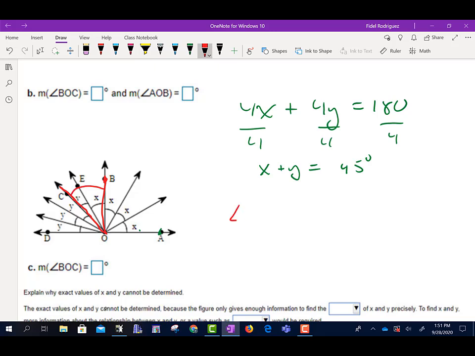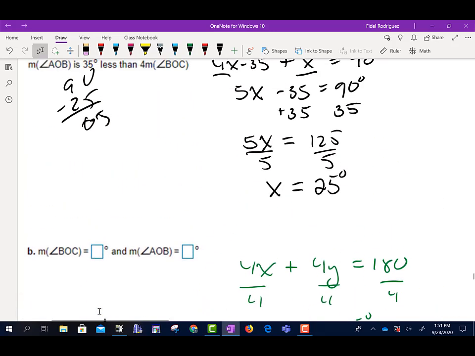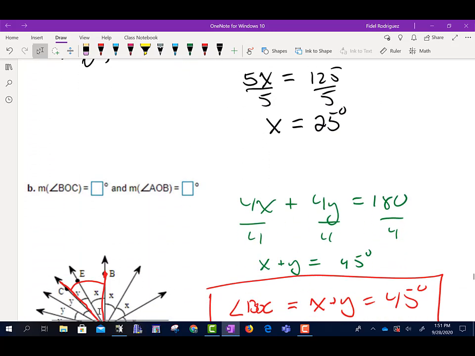BOC is the same thing as x plus y. And we just found x plus y to be 45 degrees. So that goes there. Guys, when I did this problem over here, the AOB and the BOC, those were for these numbers there.